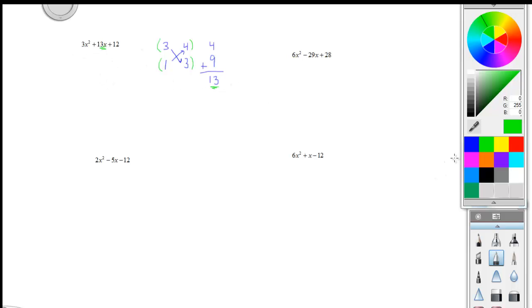So my factor pairs for this problem are 3x plus 4 and x plus 3.